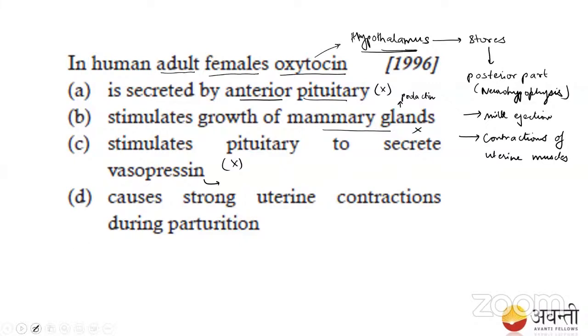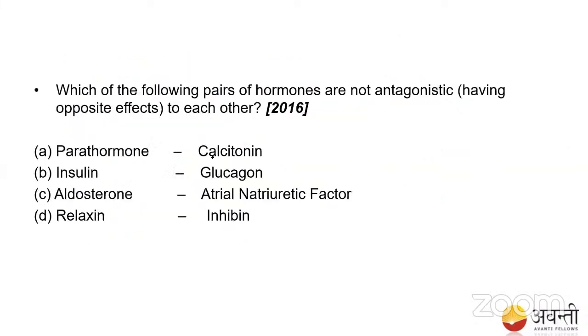Fine. Let's move to the next pre-reading question. It says, which of the following pairs of hormones are not antagonistic, having opposite effect? Antagonistic means having opposite effect, like left, right, north, south. They're asking about the pair of hormones that do not have opposite effects to each other, and emphasize on not.